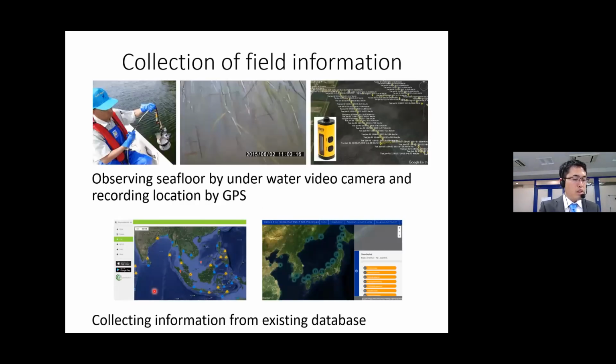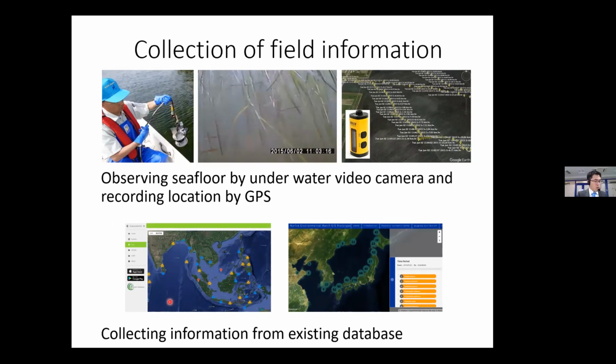If you choose sampling by yourself, you will go to the sea to observe the seafloor by underwater video camera and record the location by GPS. Another way, you can also collect data from an existing database.